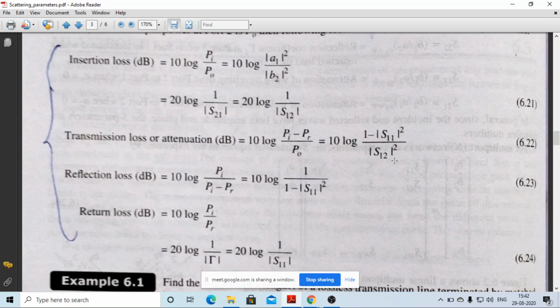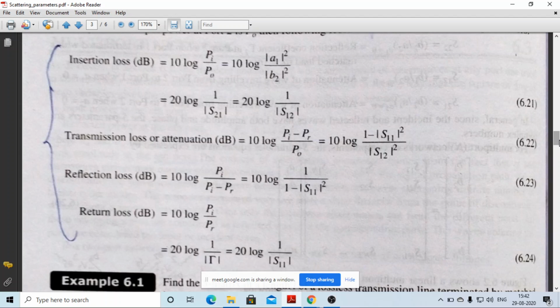So similarly, you can take common of Pi. So it is going to be 1 minus Pr by Pi, and then this is going to be P naught divided by Pi. So P naught by Pi is S12 square, and 1 minus Pr by Pi is 1 minus S11 square. Similarly, there is a reflection loss which next can be written in this form, and return loss.